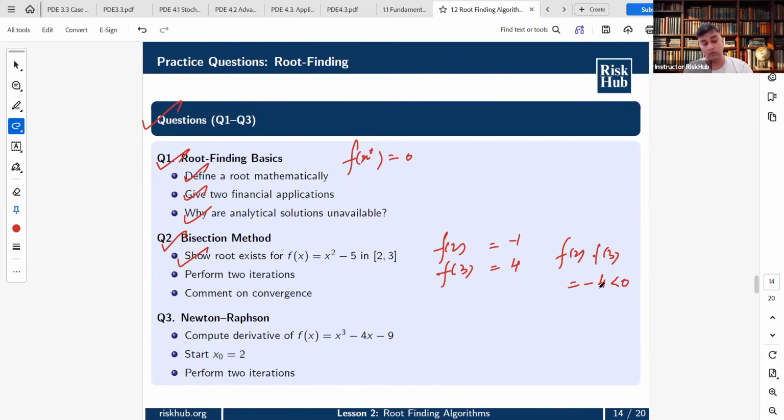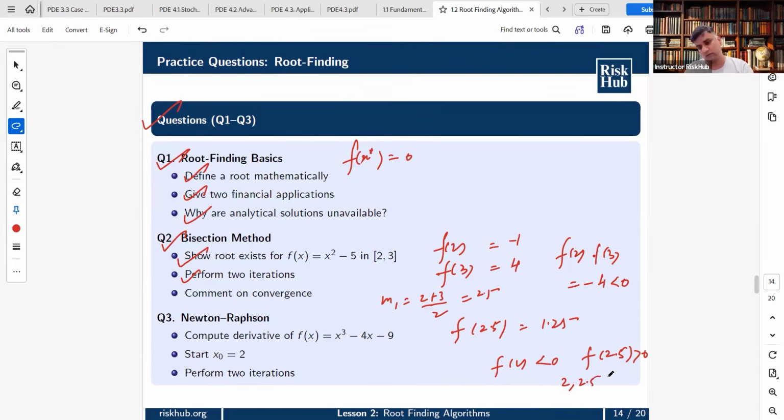You can do more iterations; perform 2 iterations. M1 is (2 plus 3) by 2, equal to 2.5. I can find f(2.5), which comes to 1.25. So f(2) is less than 0, f(2.5) greater than 0, so the root lies between 2 and 2.5, right?